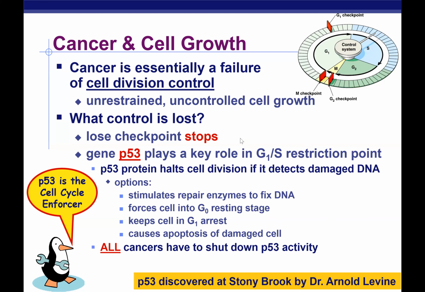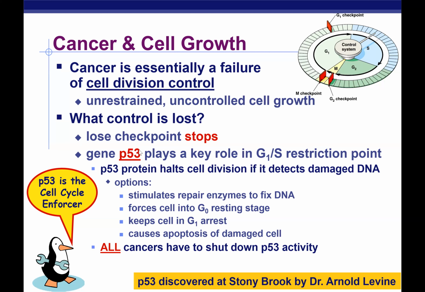Interestingly, what is seen is that in all cancers, this P53 activity has to be shut down. So this gene expression is stopped, and therefore, whether the dividing cell's DNA is damaged or not, it just starts continuously dividing, with whatever fault it has at the DNA level.